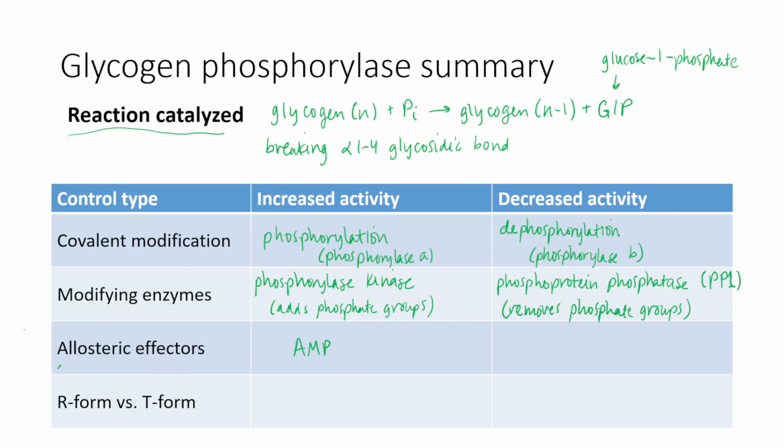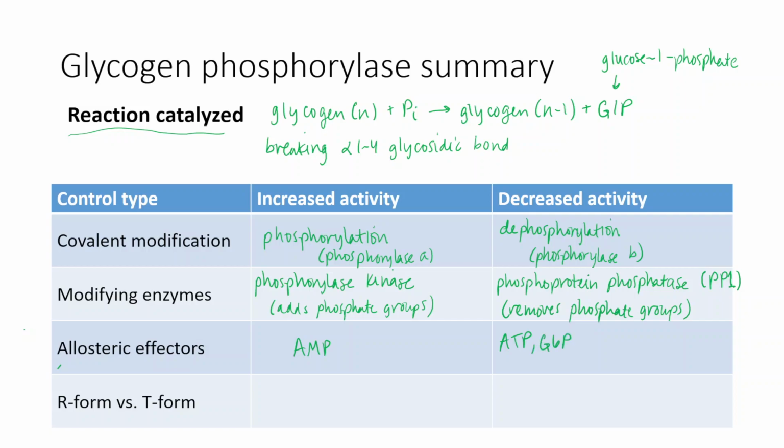And let's talk about that after we talk about the rest of the allosteric effectors. So, which allosteric effectors will help decrease the activity of glycogen phosphorylase? Yeah, ATP is one of them. Who has another one? Yeah, G6P.